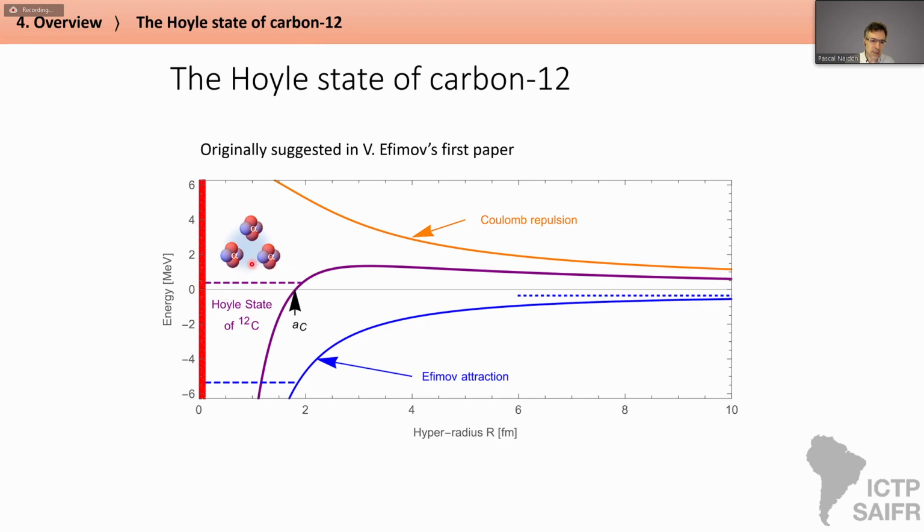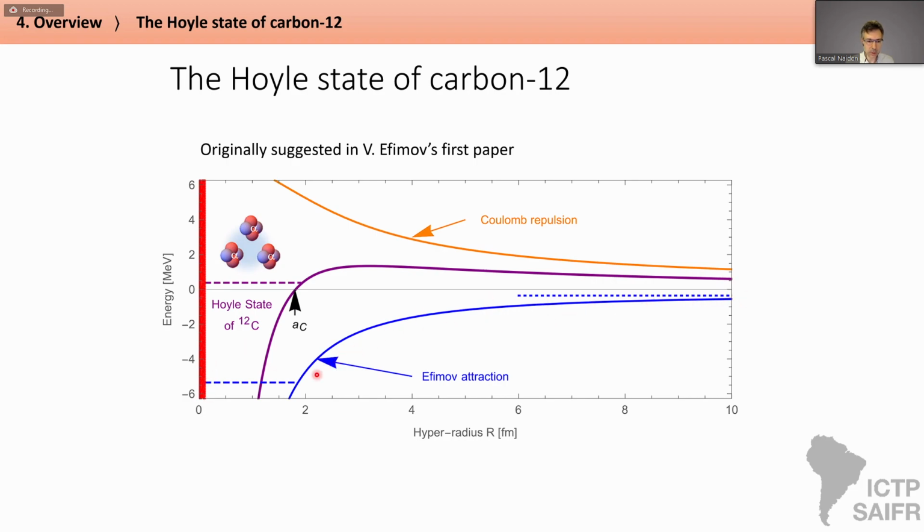However, unfortunately it seems not very likely that this picture can explain the Hoyle state of carbon-12. Here I presented a very simplified model where everything is just described in terms of the hyperradius. There's just a model potential for the Efimov attraction and a model potential for the Coulomb repulsion. But playing with the simple model, you can see that in order to reproduce the energy of the Hoyle state, which is right here, one needs to tune the short-range boundary condition that sets the three-body parameter.